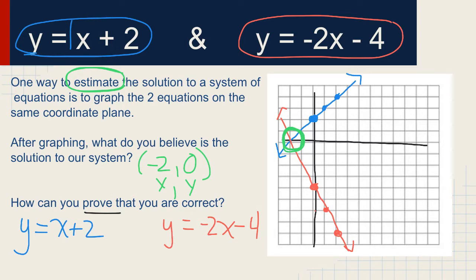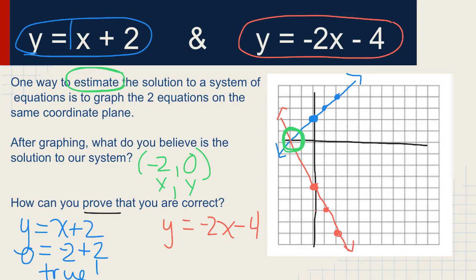For example, on my blue equation, y was 0, x was -2, and I had a 2 on the end as my y-intercept. That is a true statement. So at least half of my system works with this answer.